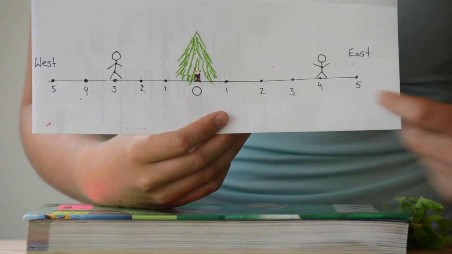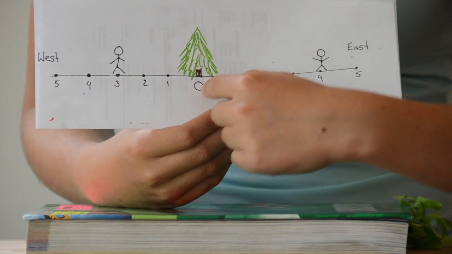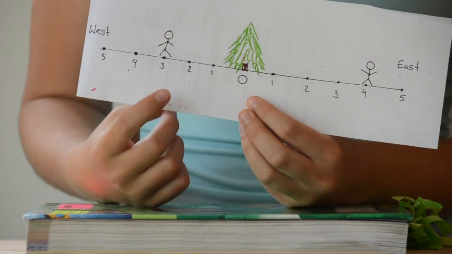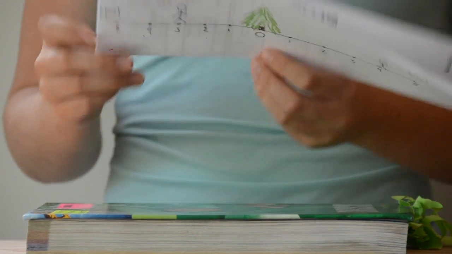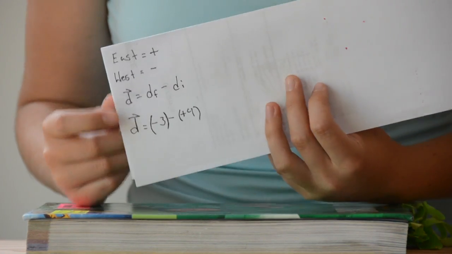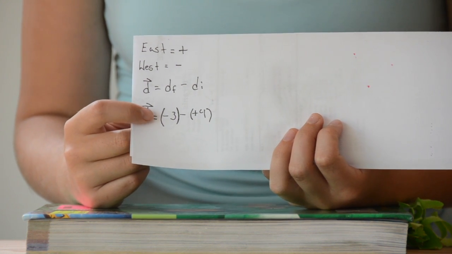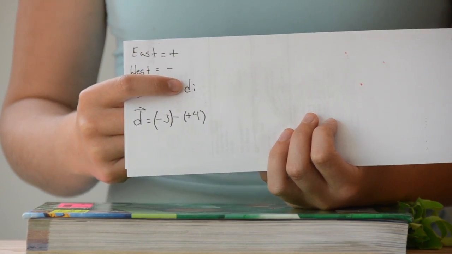Okay, so our little stick figure here started at 4 meters east of the tree, and then it walked to 3 meters west of the tree. So our equation is the displacement would be equal to the final displacement minus the initial displacement.